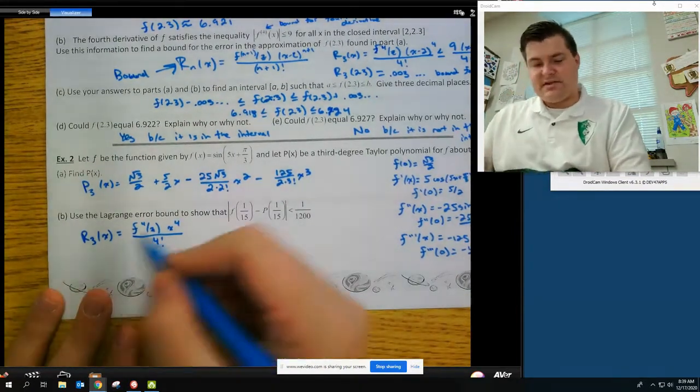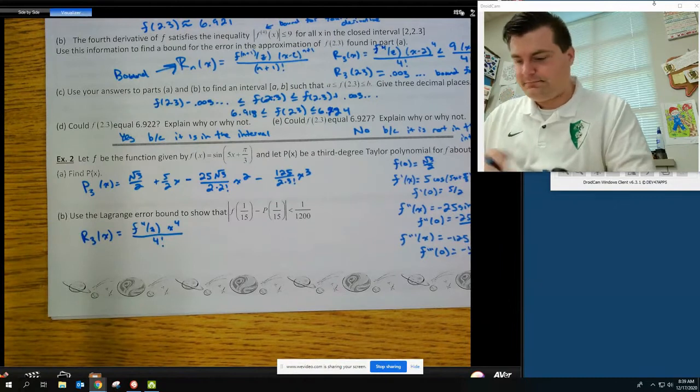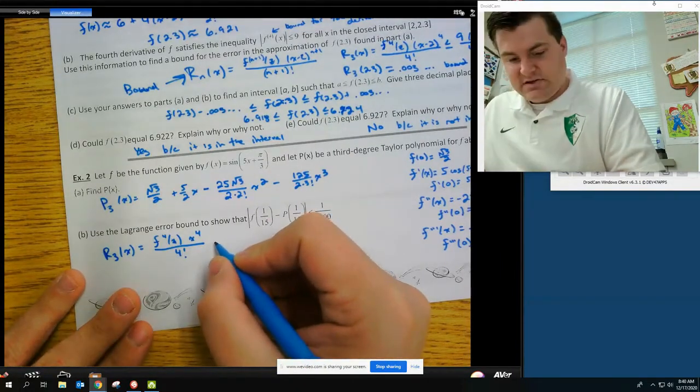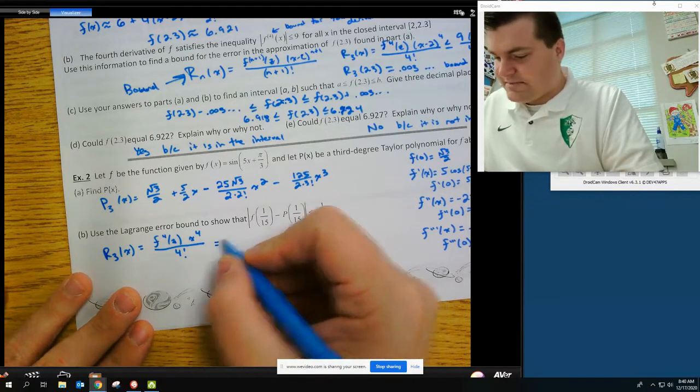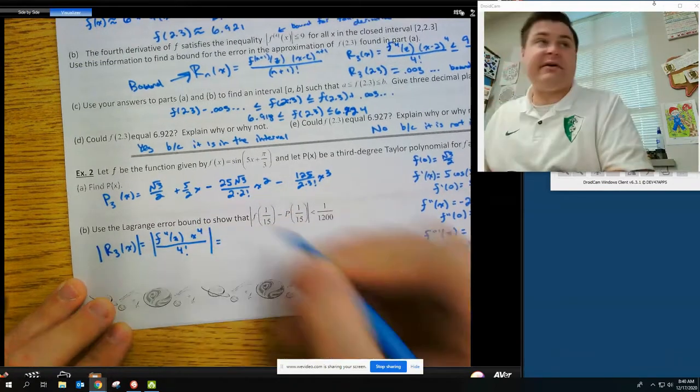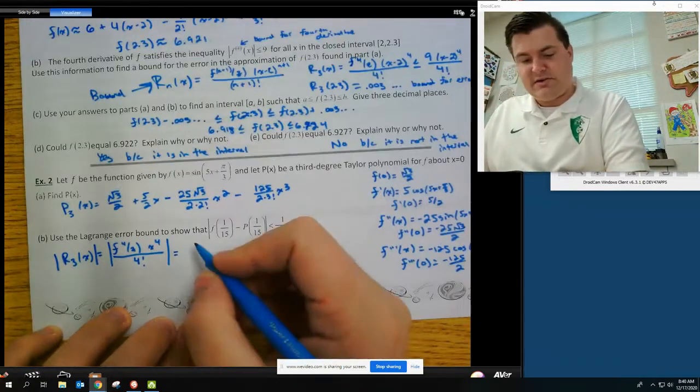We'll put absolute value around this, because we're looking for an error bound and I don't want negatives.